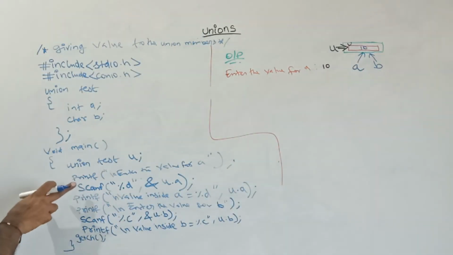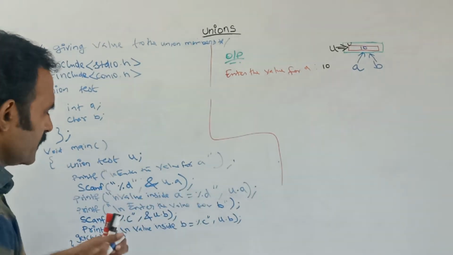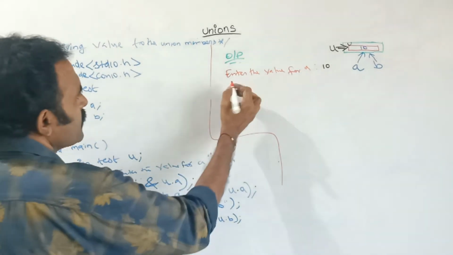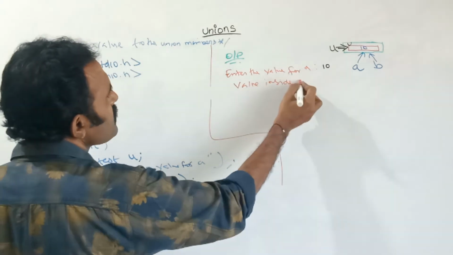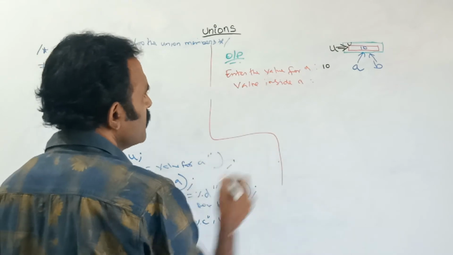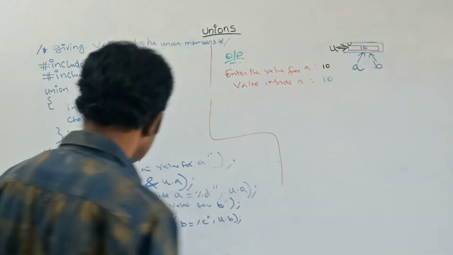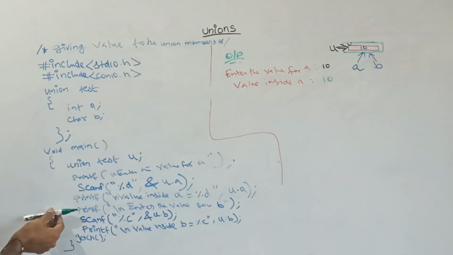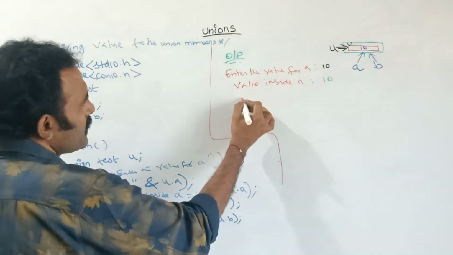Next, I am telling it to print the value inside A. The result will be printed like this: value inside A is equal to 10. Next, in this step, I am telling it to enter the value for B. So the message will be displayed on the screen.